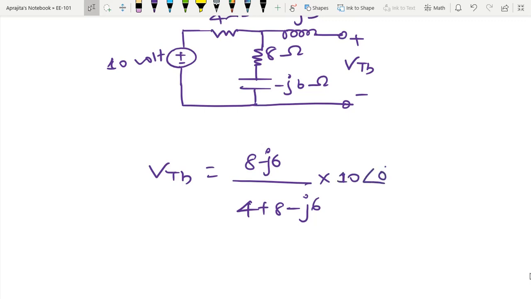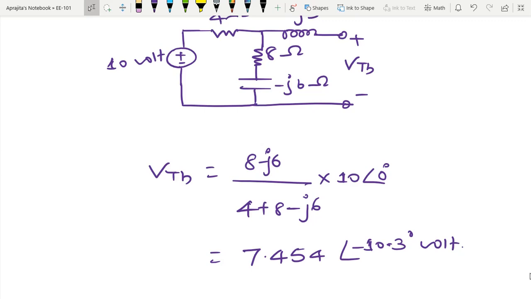Here the angle is 0 degree basically. So if you do this calculation, then you can get 7.454 at an angle of minus 10.3 degrees, and this is the voltage.